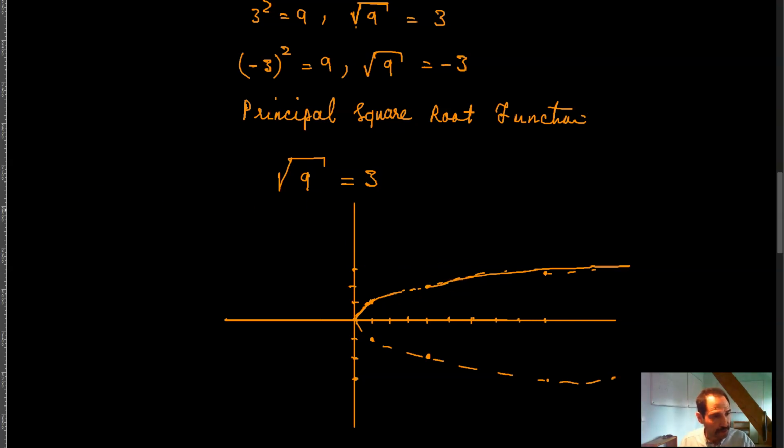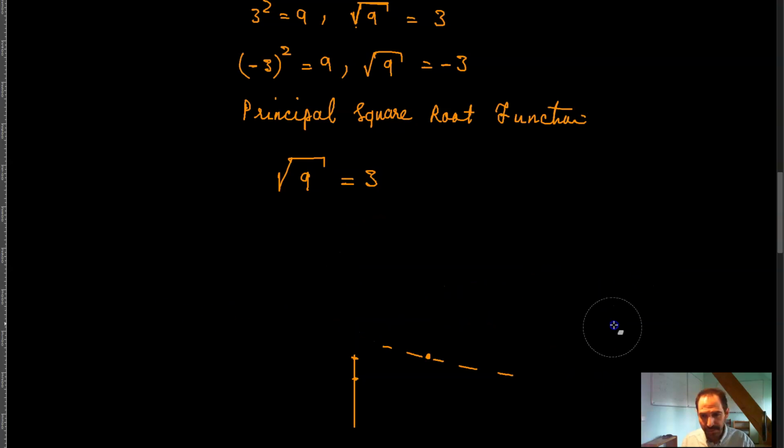But the point here is that the principal square root function gives you only the positive outputs, it doesn't give you any negative output. It assumes that your input has always been positive, so it always gives you the positive output.